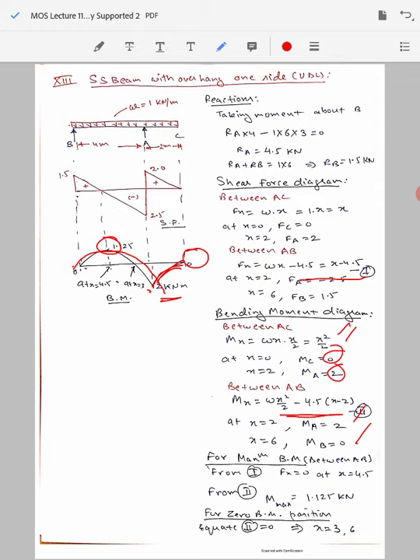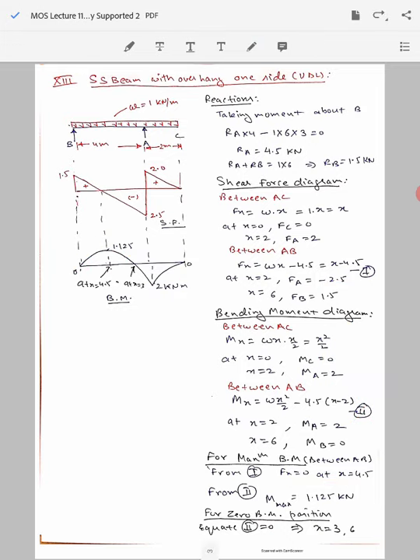If you equate it to 0, you get the value of x where the shear force will be 0, and using that value of x equal to 4.5, you evaluate the bending moment from equation 2, which gives you the maximum bending moment for this span as 1.125 kilonewton meter, please make that correction. It will be 1.125 kilonewton meter at a distance of 4.5 meter from the right hand side.